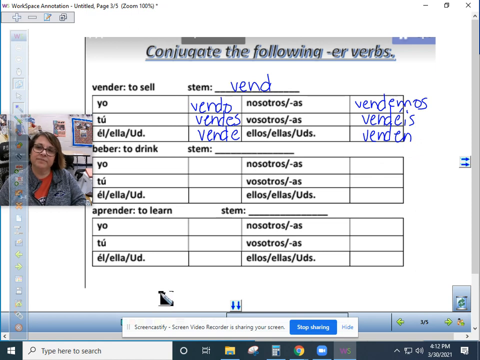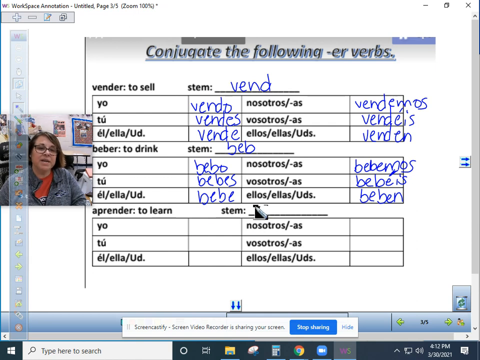Same with beber. What's left after you drop the ER, that is your stem. Add your ending to your stem. Bebes, bebe, bebemos, bebéis, accent over that E, and beben.